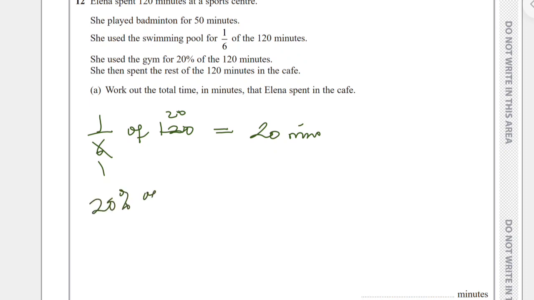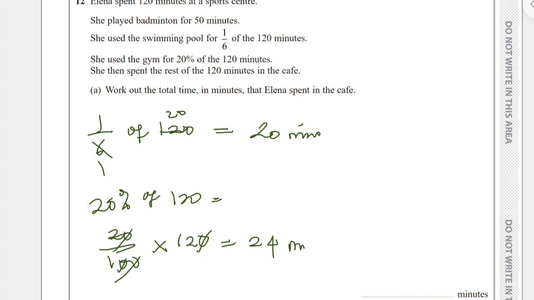20% of 120 minutes will be equal to 20 over 100 times 120. So 0 cancels 0, 0 cancels 0. 2 times 12 will be 24 minutes.